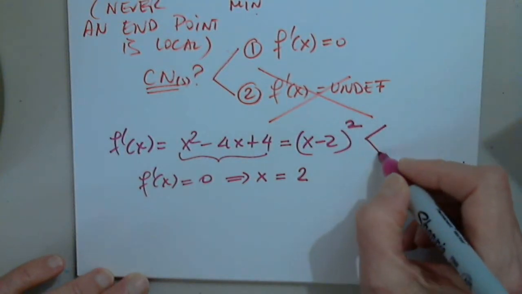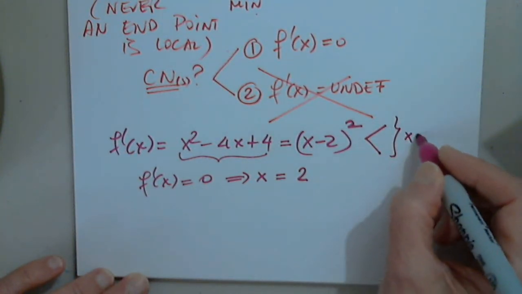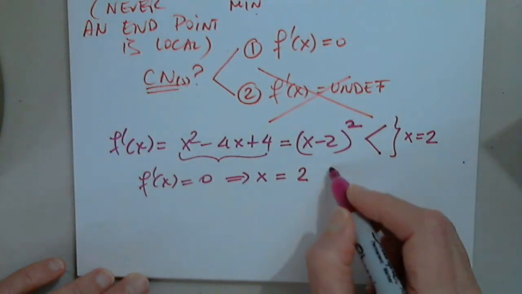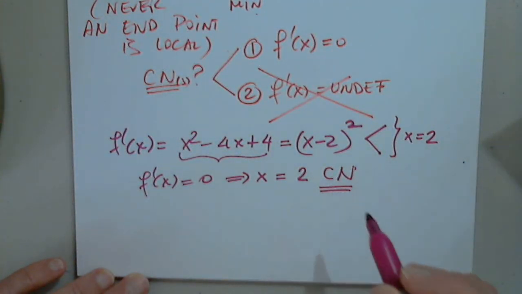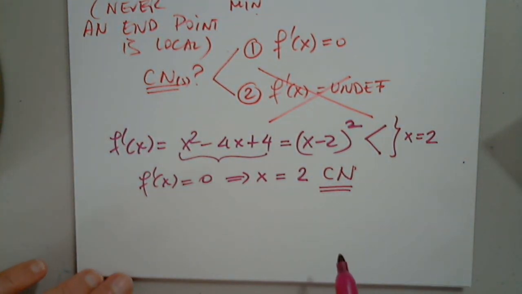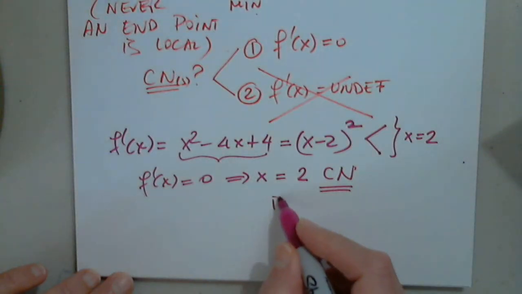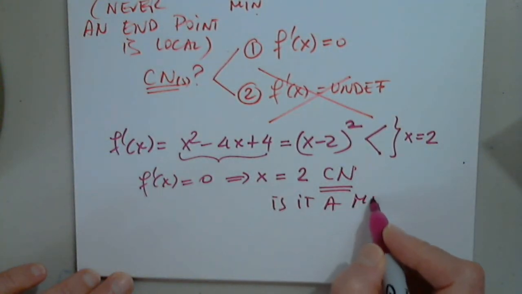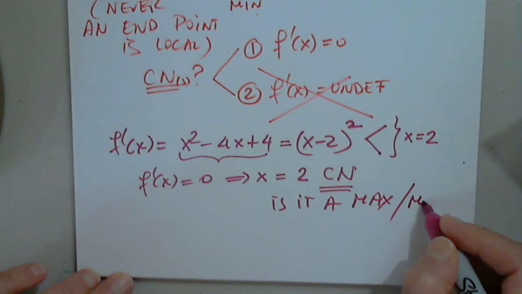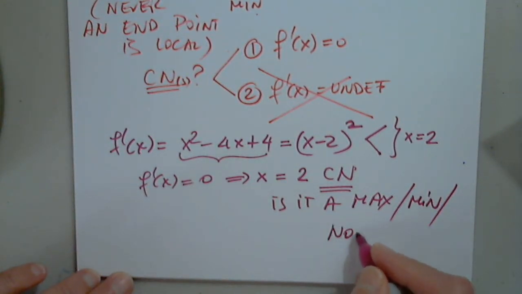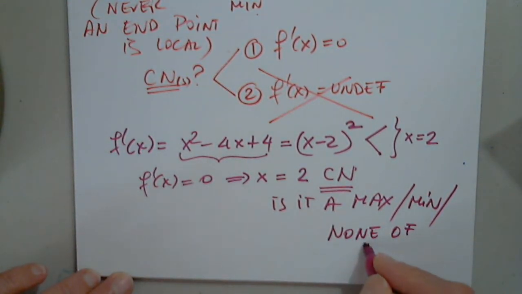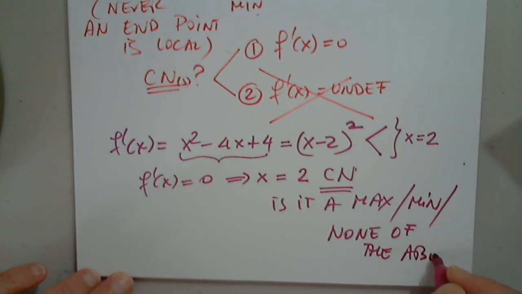There will be two solutions when I set this equal to 0, but both are the same. So this is a critical number. Now the question is, is it a max, min, or none of the above? A critical number does not have the obligation to turn into a max or a min.